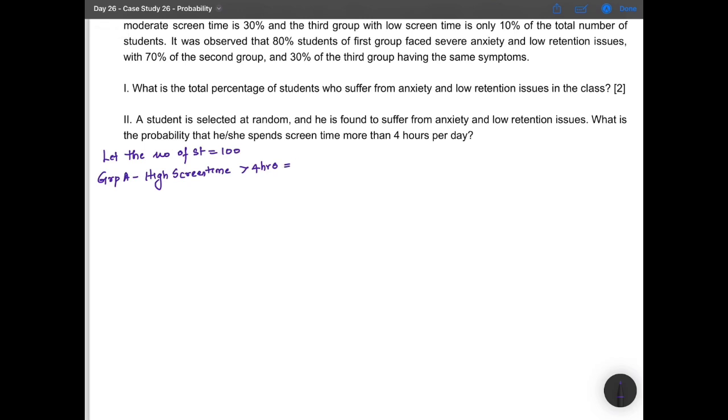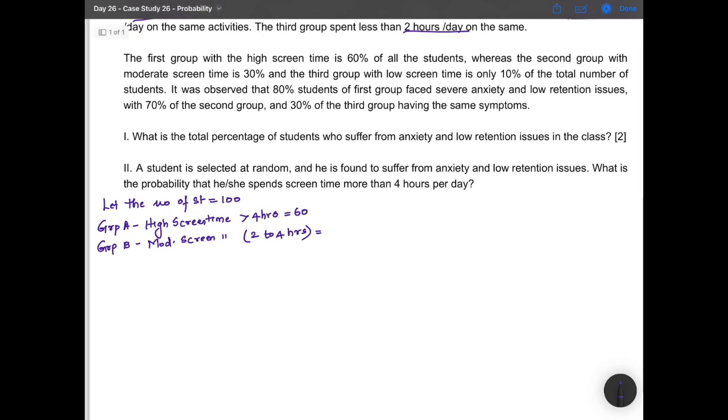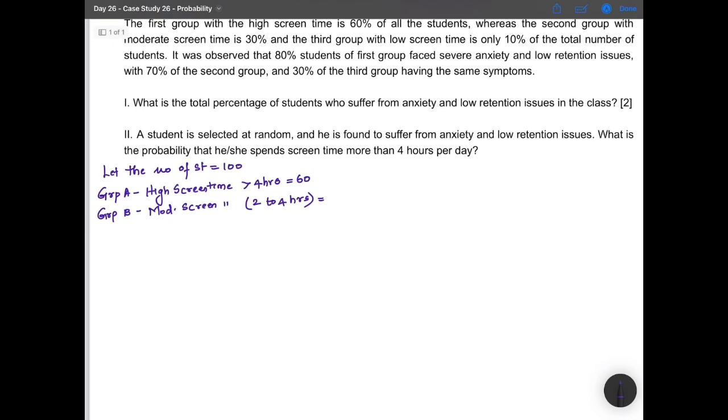So we have 60. Then group B, moderate screen time, that is 2 to 4 hours. In this category, we have 30% of the students. Out of 100, it is 30.